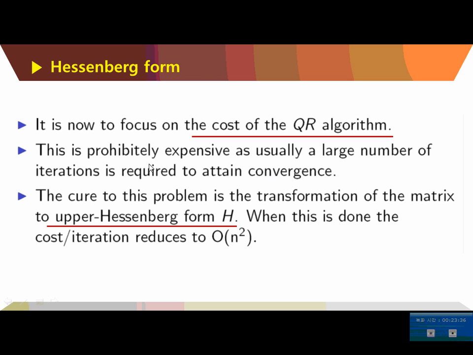To cure this problem, we transform the matrix to upper Hessenberg form, H. When this is done, the cost per iteration is reduced to big O of n square, instead of n cube. It can be dramatically reduced with this upper Hessenberg form.